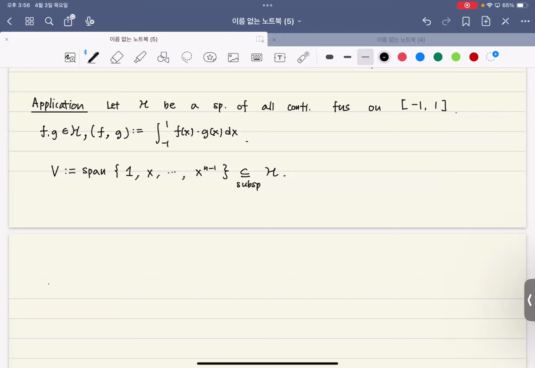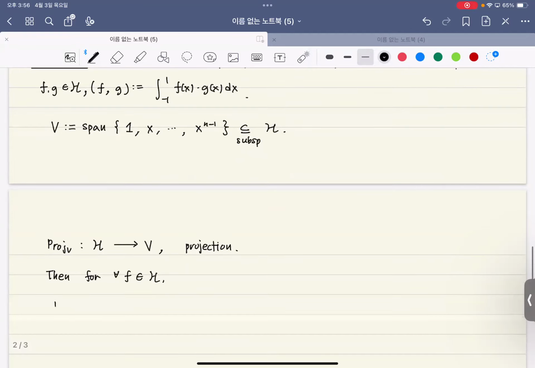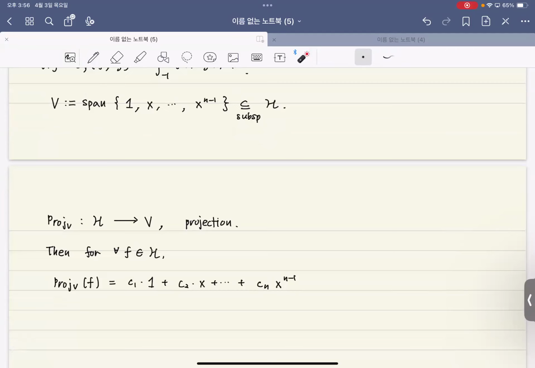So this is a projection map from H to V. Then for any f, the projection of f onto the subspace V can be written as a linear combination of these basis vectors, c_n x^(n-1). And this time also I want to determine all of these coefficients.